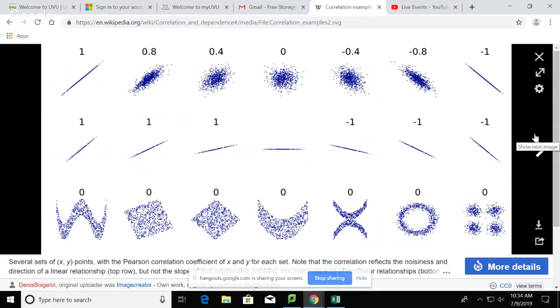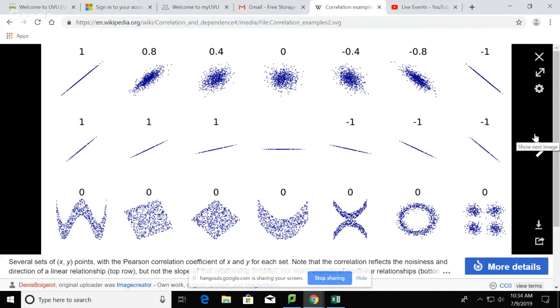So the positive or the negative just refers to not the slope, but the direction. If you're going from low to high, low to high, low to high, that's going to be a positive slope. If you're going from high to low, high to low, high to low, that's a negative slope. Maybe I'll write this on the board, even though you can't see it.